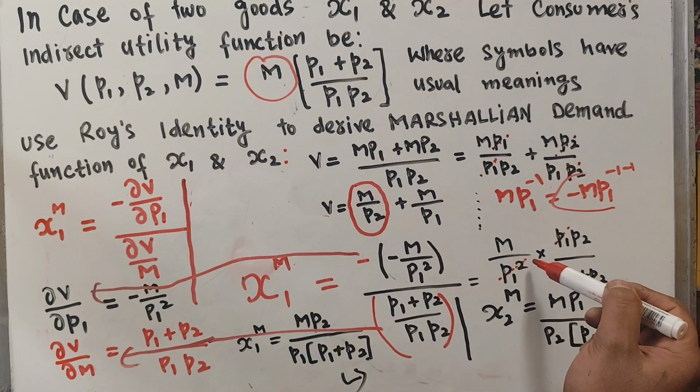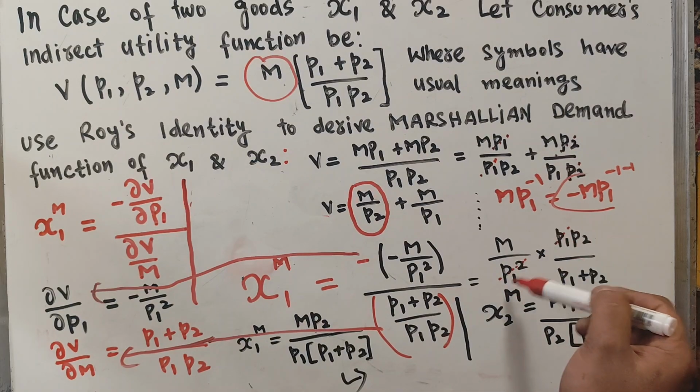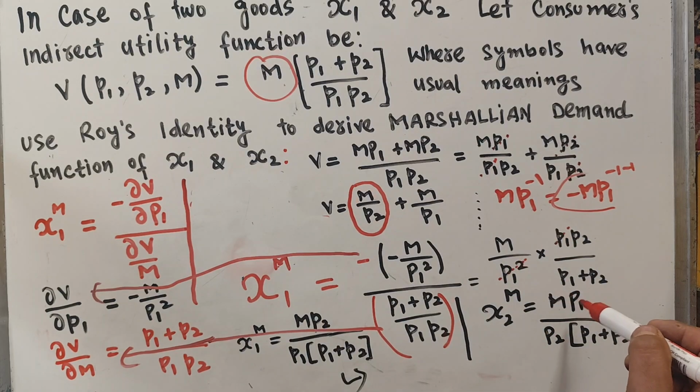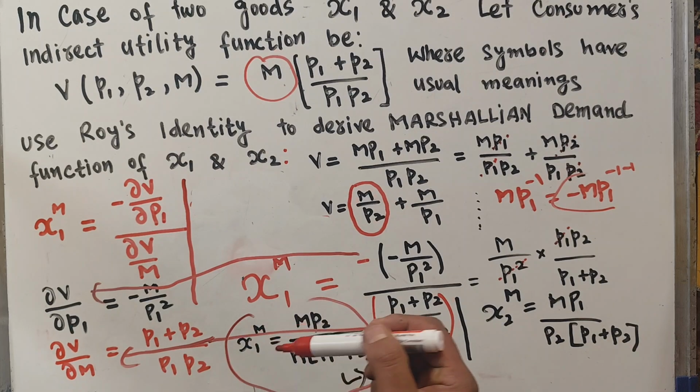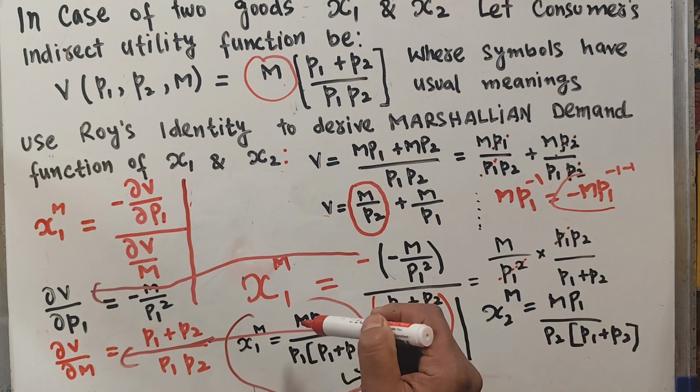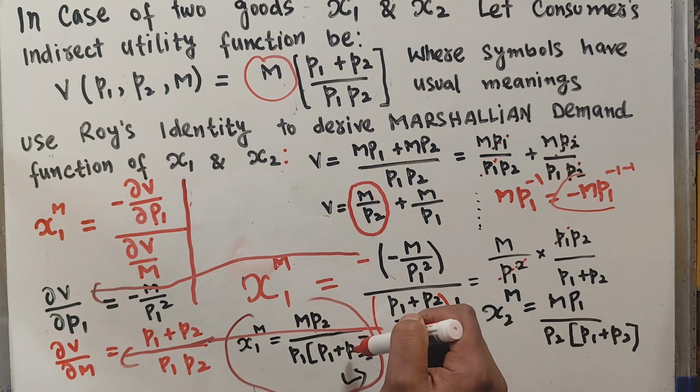Here p1 square and p1 get cancelled, so x1 comes out to be this very thing: the Marshallian demand function for good x1 is m times p2 divided by p1 times p1 plus p2.